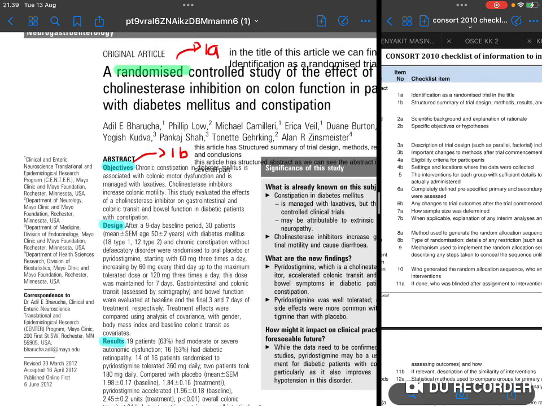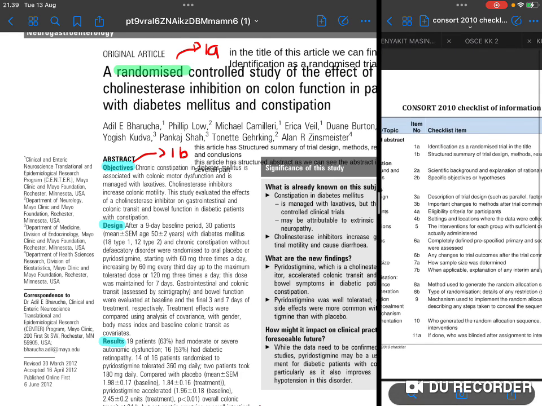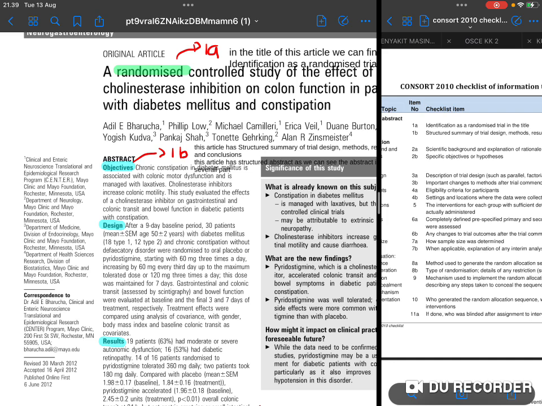So the term consort stands for Consolidated Standards of Reporting Trials. It provides guidance or recommendation for reporting all randomized controlled trials. I have divided my presentation into 4 parts.